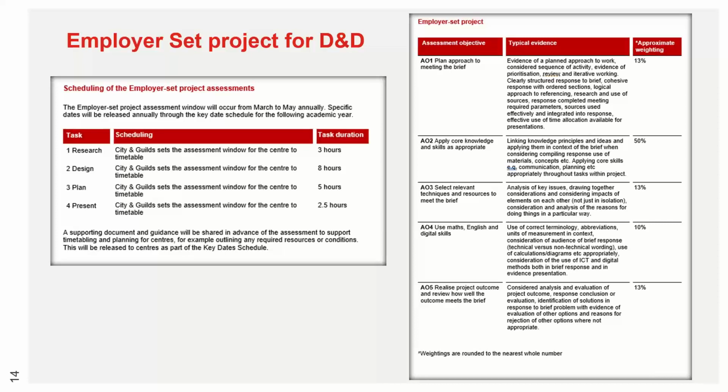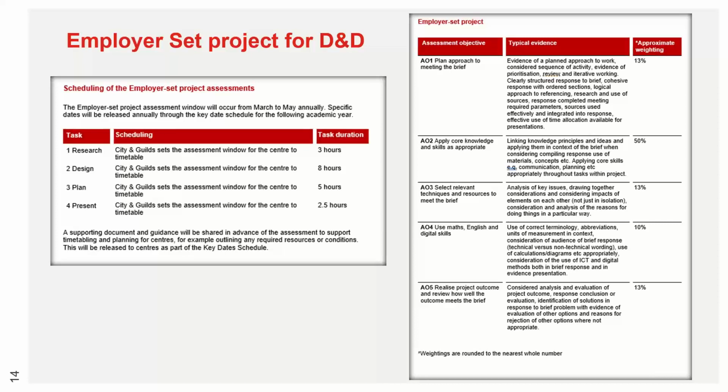Now, that's an Ofqual requirement because Ofqual, who have set all of the assessment objectives, have said that 50% of the marks for the ESP must be weighted on application of knowledge and skills.